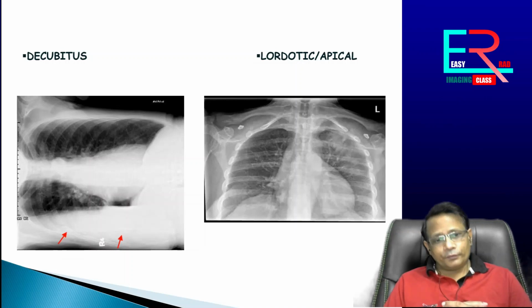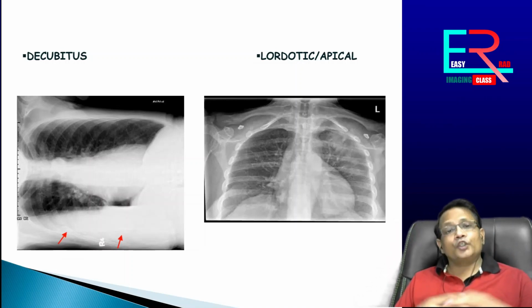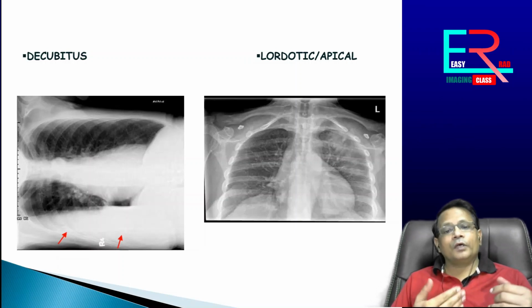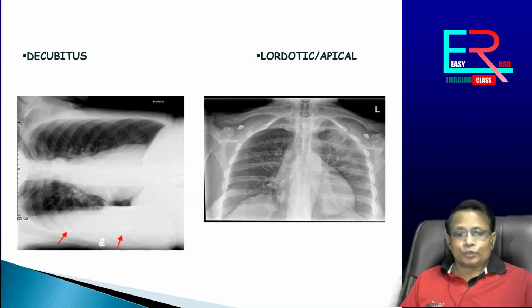Then a few other views are the decubitus and lordotic apical views. The decubitus view is for minimal or very minimal fluid effusion, the fluid in the dependent hemithorax, so that we can see the air fluid level. Here you can see the fluid level along the dependent chest wall in the decubitus view.